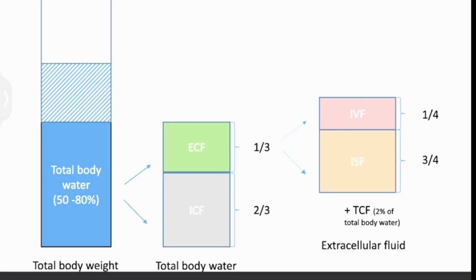Before going into the pathophysiology of edema, let us look into the fluid compartments. We have already mentioned that edema is an increase in the interstitial fluid. Total body water is approximately 0.6 times the weight, so 50 to 80% of the body's weight.